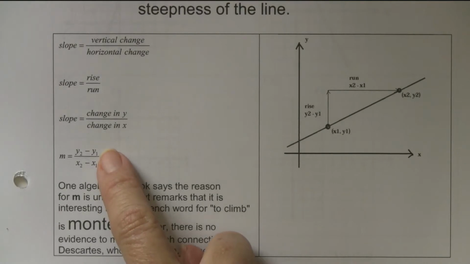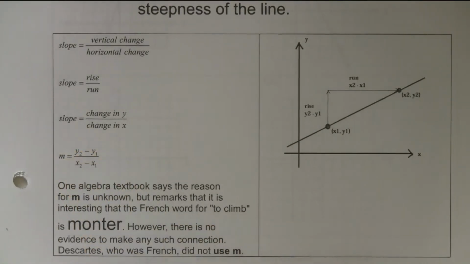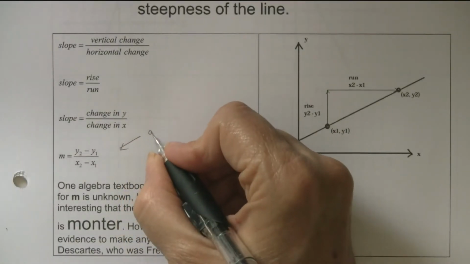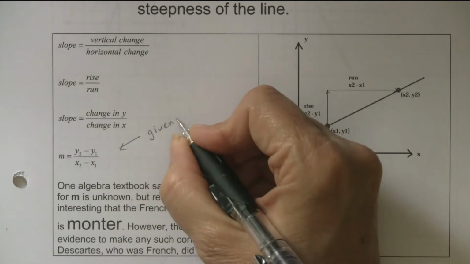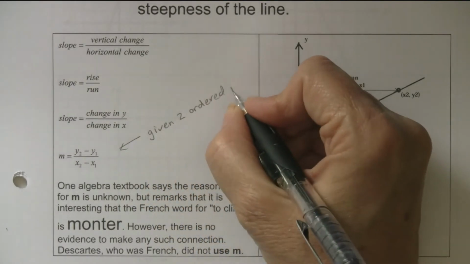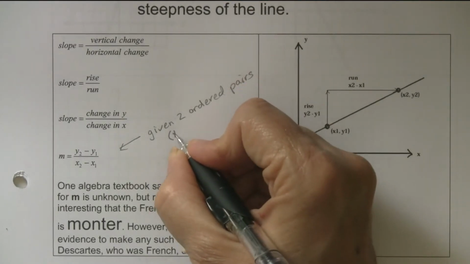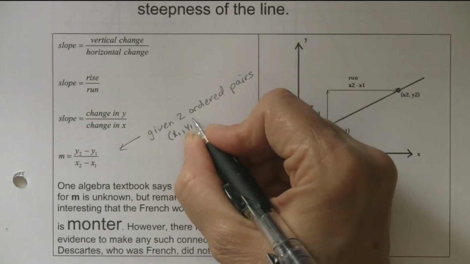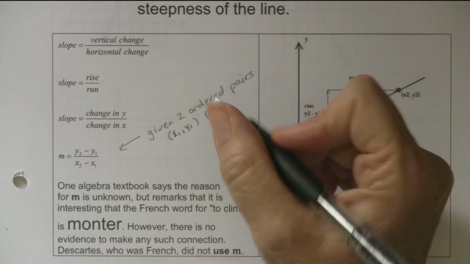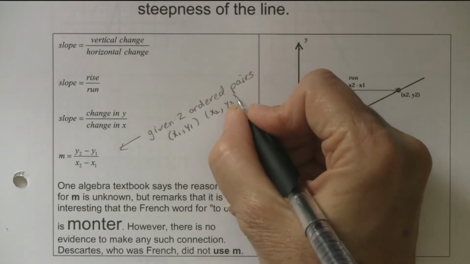Another way, and this is the slope formula, is if you're given two points, two ordered pairs. Those two ordered pairs are labeled x1, y1, and x2, y2.